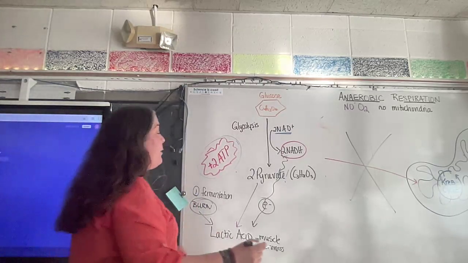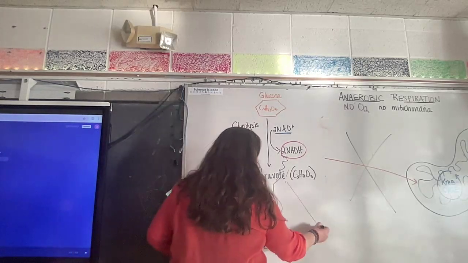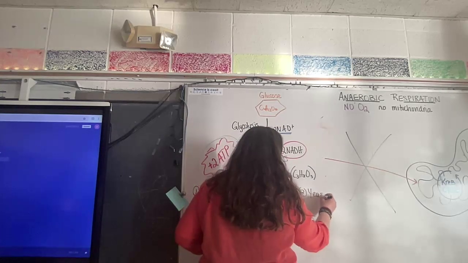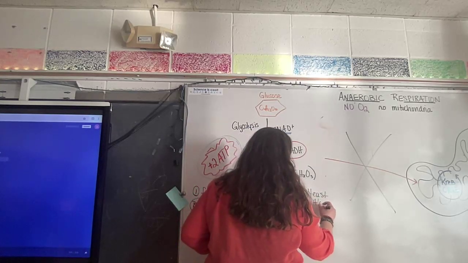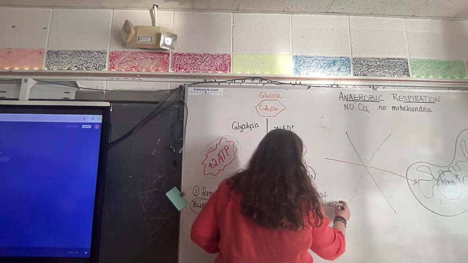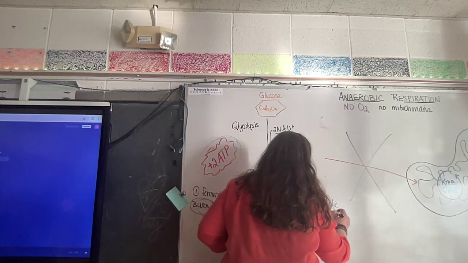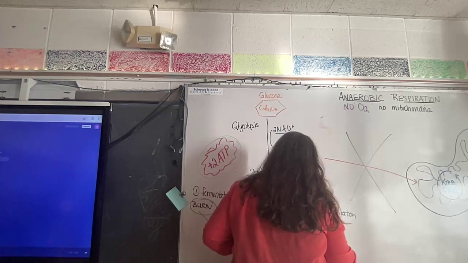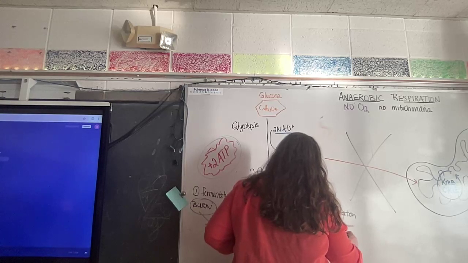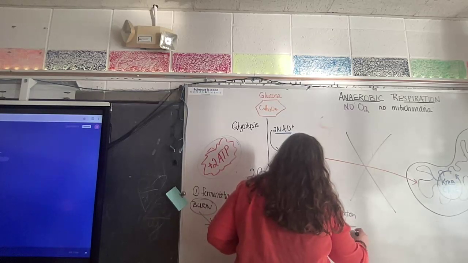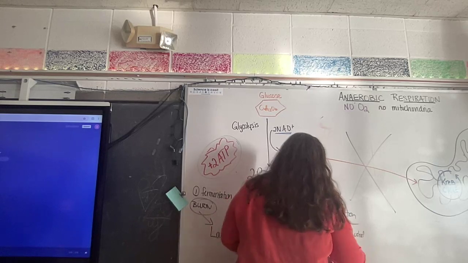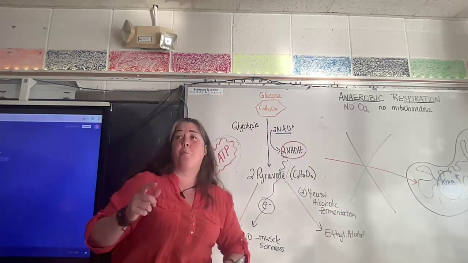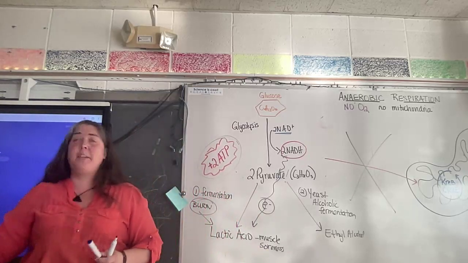All right, the second one we're going to talk about happens in yeast. It's alcoholic fermentation. This is the process that makes beer and wine. Are you guys with me? All right. The same situation occurs. Yeast can do cellular respiration or fermentation.